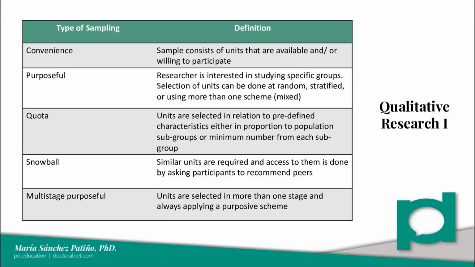Because in that case, replication is not possible in exactly the same context, in exactly the same way. It can be used as a general guide to what you want to do.